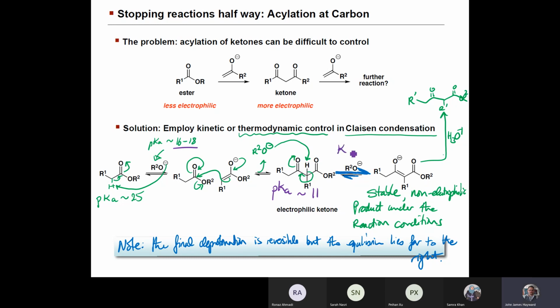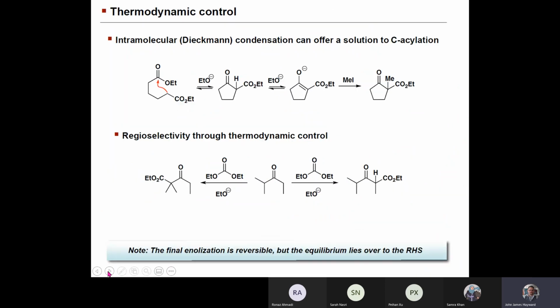Okay, so K is approximately 10 to the power 5 to 10 to the power 7, which is a pretty convincing reaction to me. Okay, Claisen condensation, great reaction. It's such a great reaction that they gave it a different name when it's intramolecular, at which point it's called the Dieckmann condensation, and all the same arguments we made before are still the case.